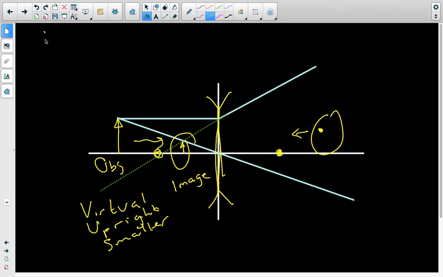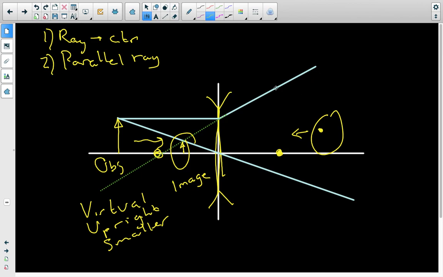You've got to remember: 1, draw ray through center. Straight line, right? Unrefracted. 2, parallel ray. Okay, comes to the lens and either goes through the focal point if it's a converging convex lens, or away if it's a diverging concave lens.